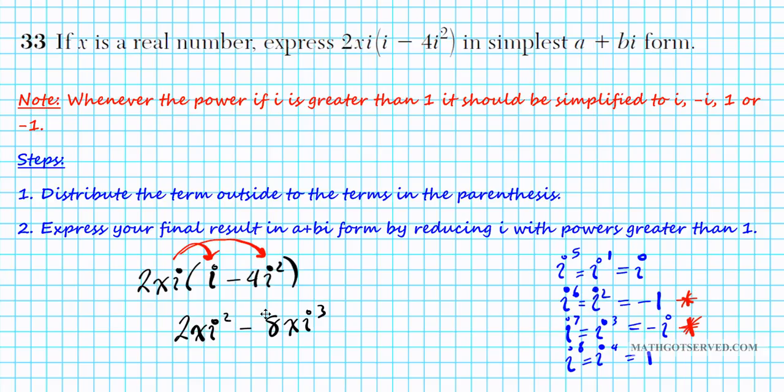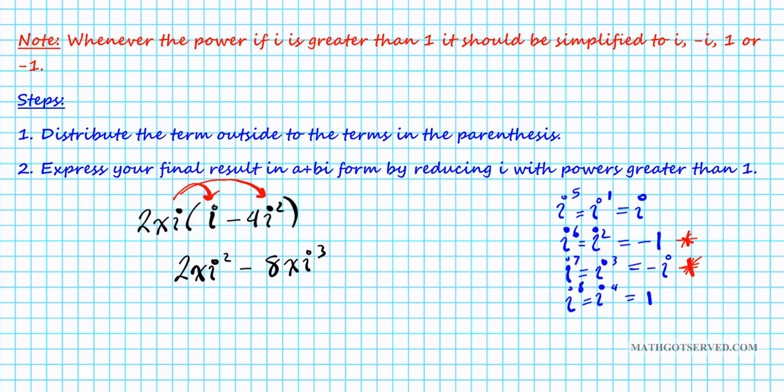So the question is, which i's are we going to reduce? The answer is both of them. Why? Because their powers are greater than 1. So don't forget, i squared is negative 1, and i to the third is negative i.